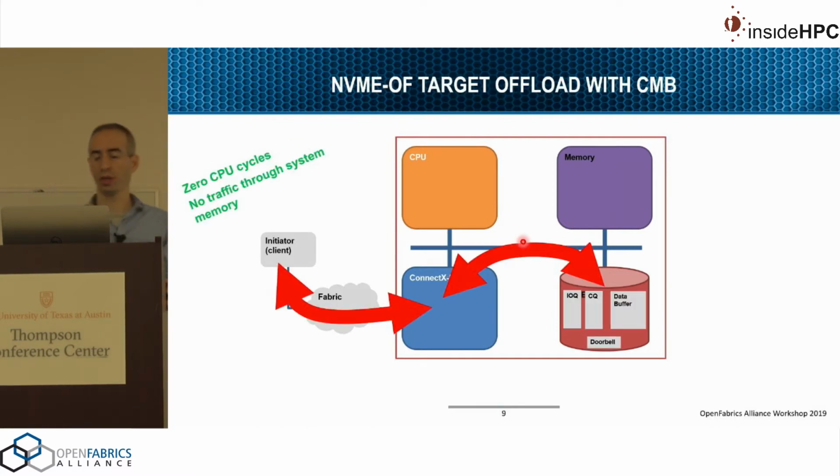Once we see more NVMe devices with CMB, controller memory buffers, on the NVMe controller, then we can also utilize that memory for the queues and for the staging memory. So once we have that, we would not need to consume just CPU, but also memory bandwidth from the appliance, from the target system.